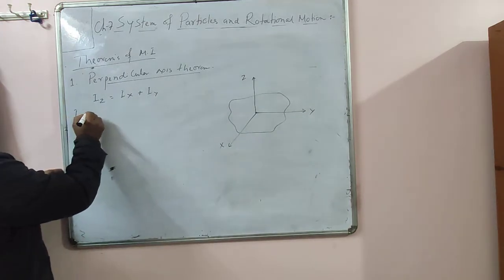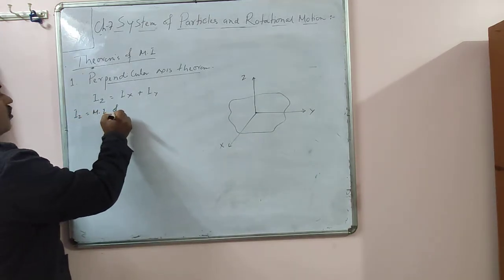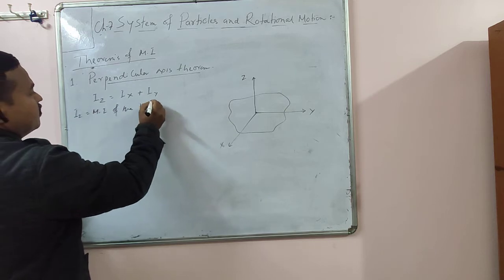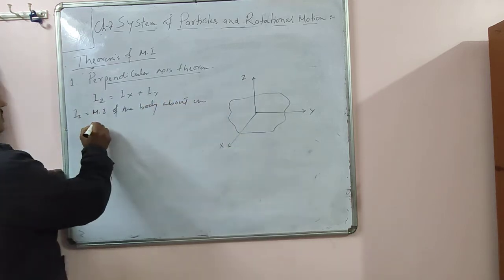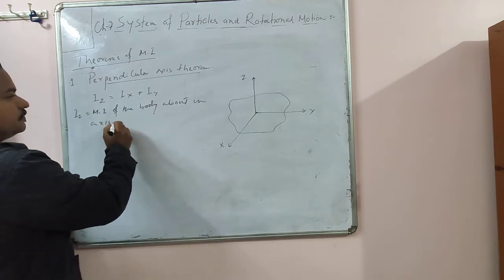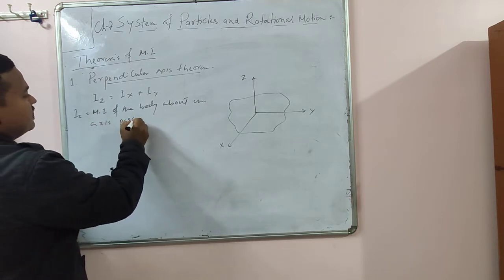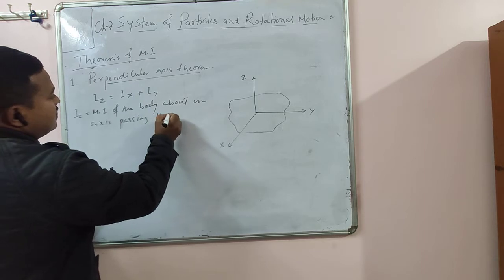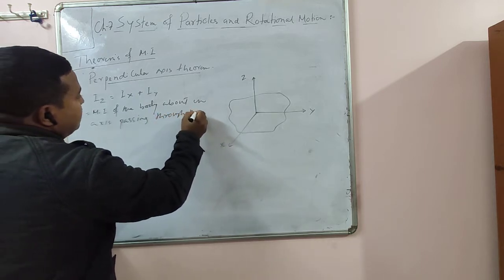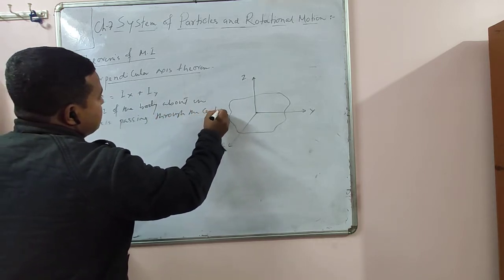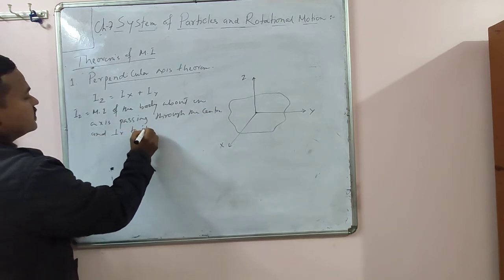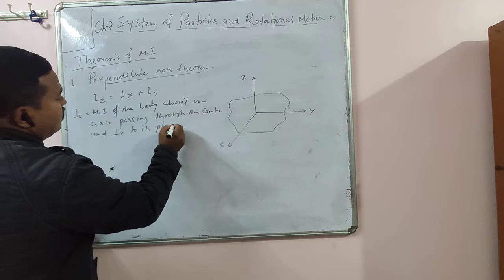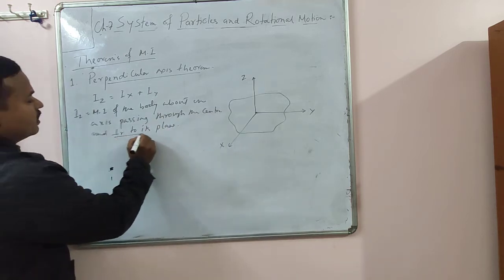Here Iz means the moment of inertia of the body about an axis passing through the center and perpendicular to its plane. That you have to see carefully, perpendicular to its plane.